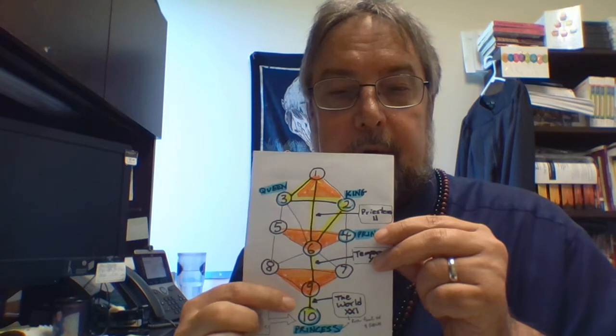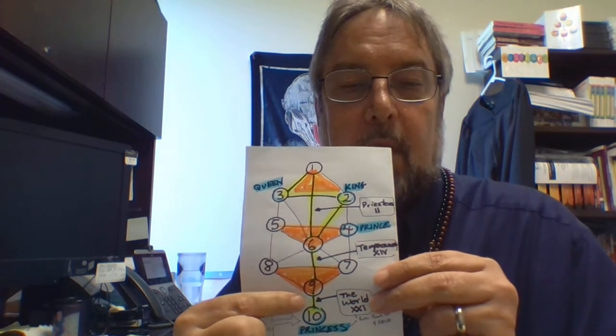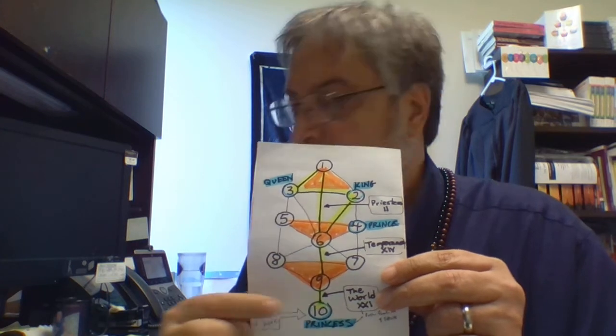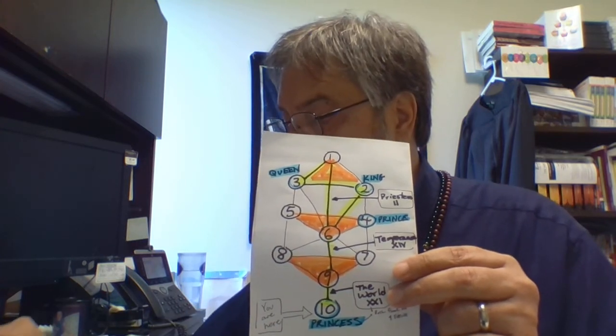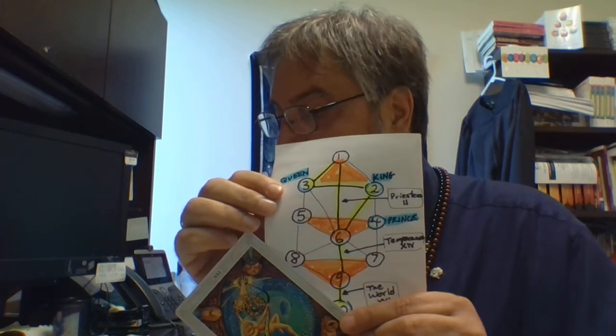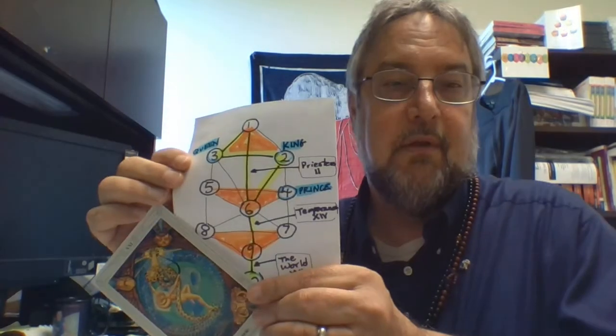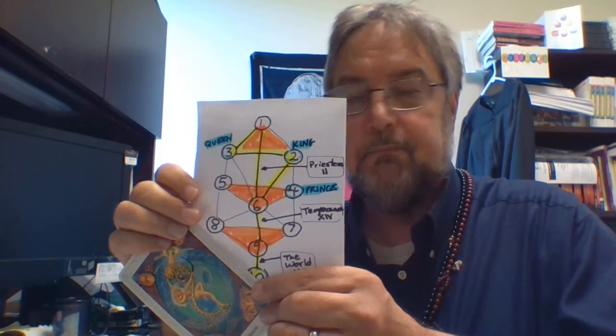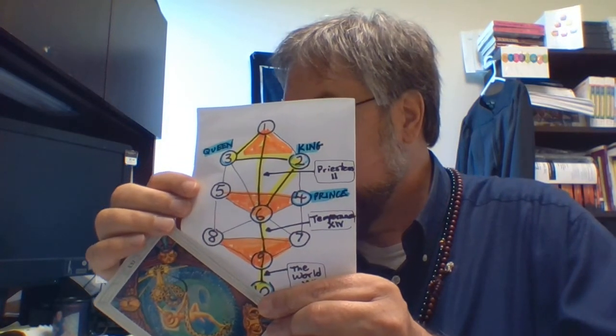And so here, connecting the kingdom to the foundation, is the world. And this is the pathway, path 32, from Yesod to Malkuth, or going the other way as well.